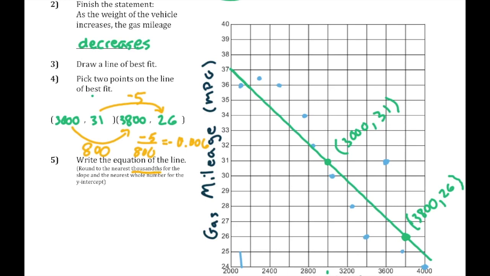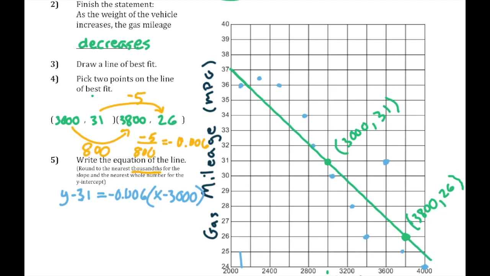Now that we have the slope and we have a point, we're just going to pick one of the points. And I'm going to choose the 3,000, 31 point to substitute into y minus y sub 1 equals m times x minus x sub 1. And so we'll get y minus 31, that's the y value in our point, equals our slope, which is negative 0.006 times x minus 3,000, our x value from the point.